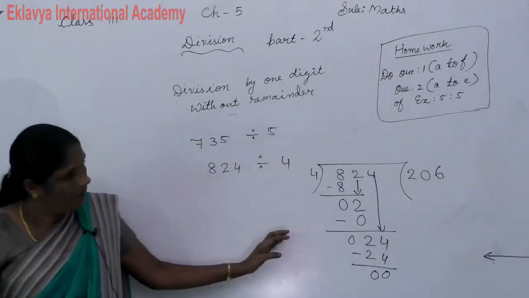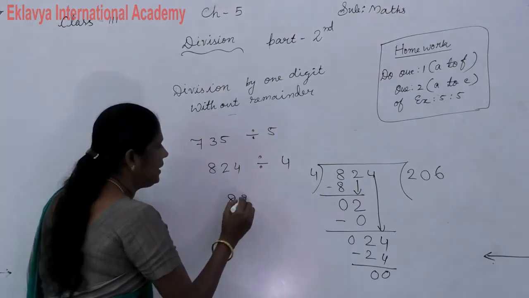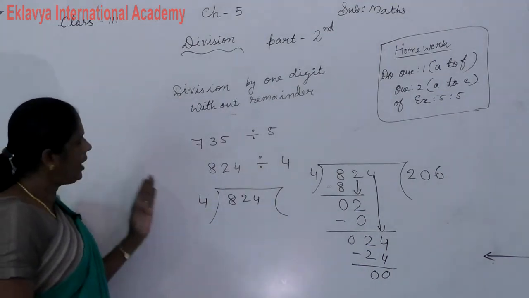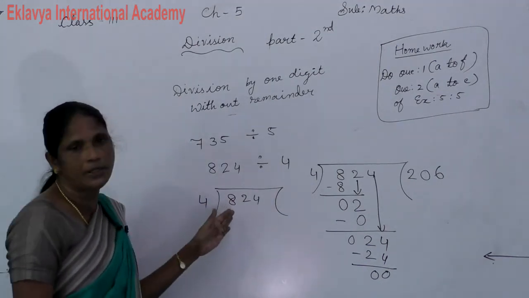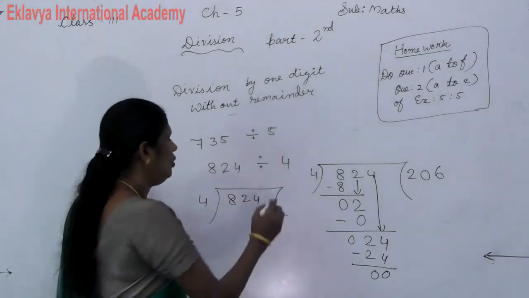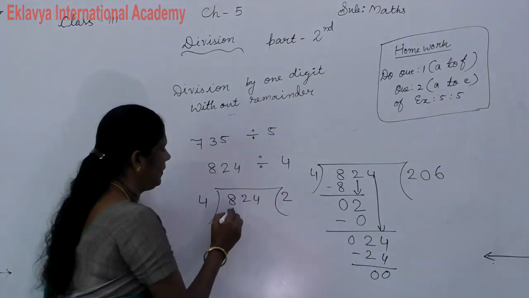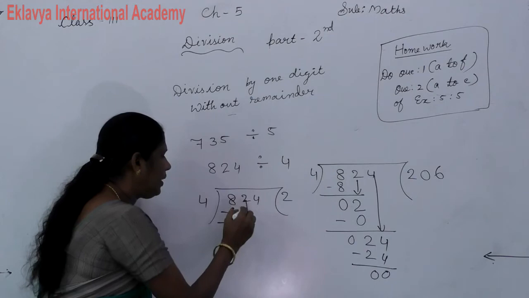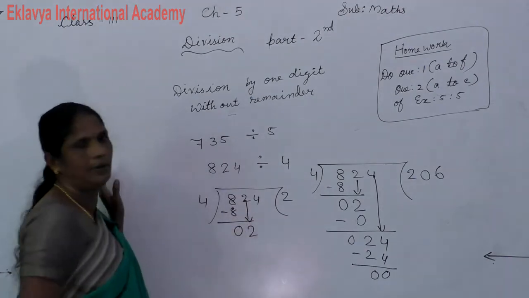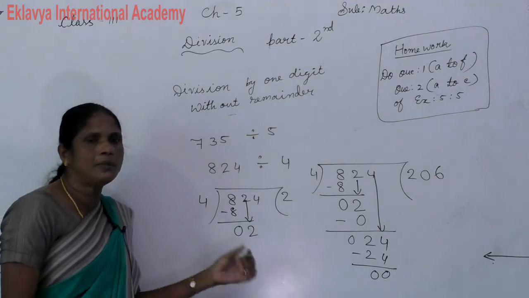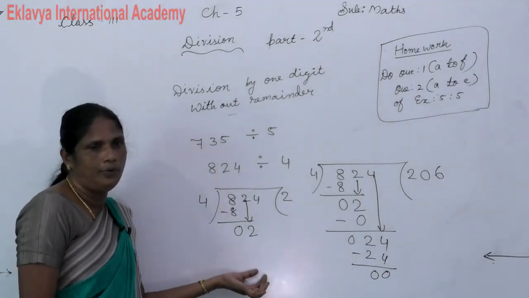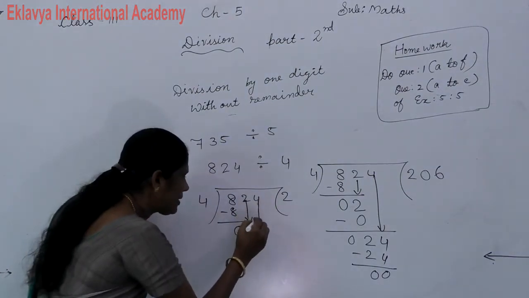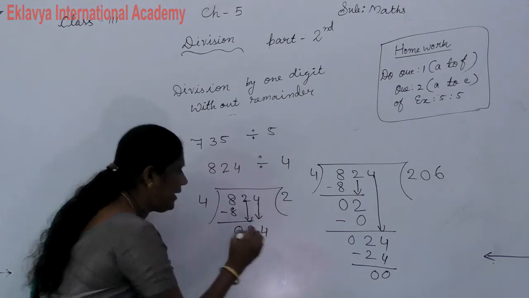This question we divide 824 divide by 4. Table of 4, how many times come in 8? 2 times 8. Then 2 comes downside. How many times gone? 0 times. In this situation, the 4 also comes downside.